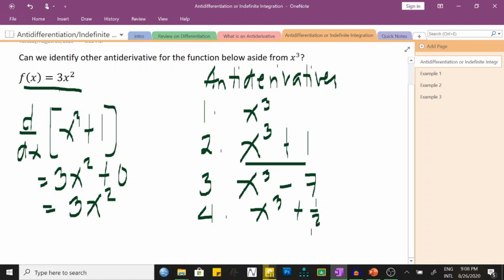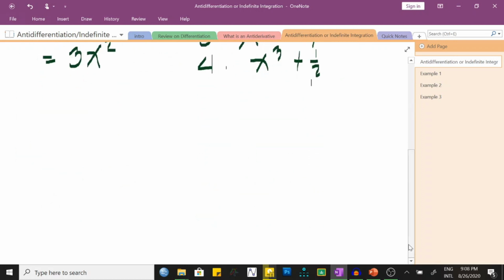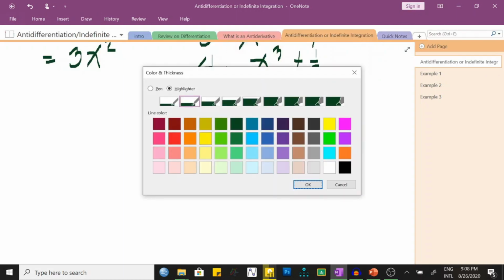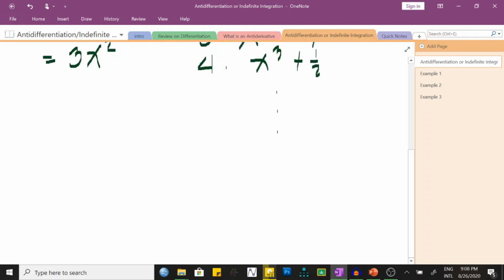In fact, to identify one here, I will simply write x cubed and add any constant. Because if I differentiate x cubed plus any constant, it would give you a derivative of 3x squared.